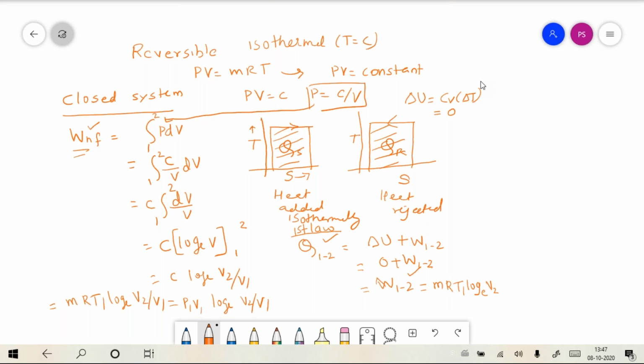What would be the expression for entropy change in this case, if it is an isothermal process?